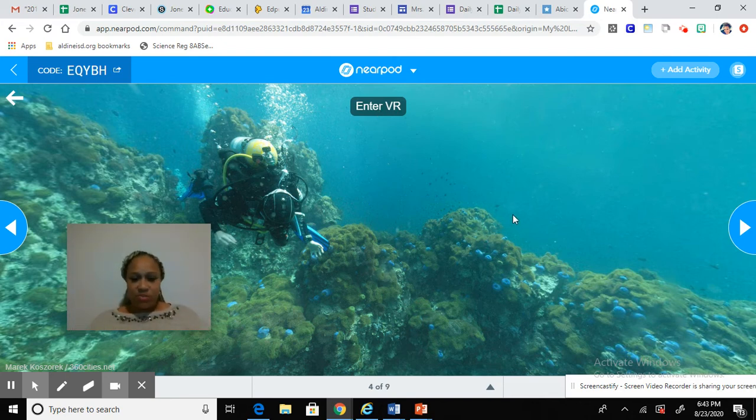And you're going to still just move it around. Okay. And to simply just leave out of it, you're going to press escape to get right back on track with your Nearpod. Okay, so you can play around with this for a little bit, kind of observe and check out what are the abiotic and biotic factors in this ecosystem and be ready to record it.